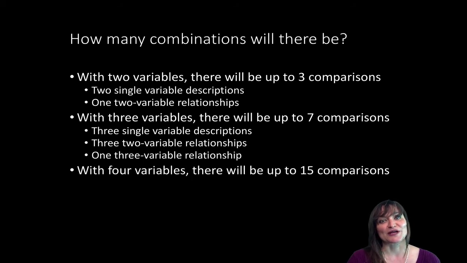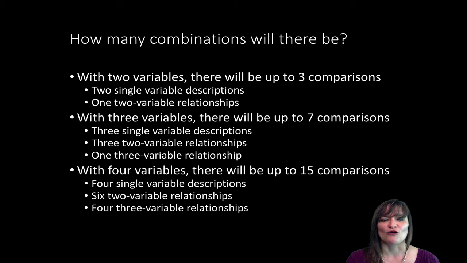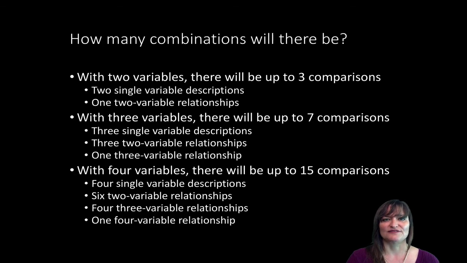With 4 variables, there'll be up to 15 comparisons. The 4 single variable descriptions, and then the 2 variables A, B, A, C, A, D, 6 of those, 4 of the 3 variable comparisons. And then that final 1 4 variable relationship. So is there a pattern to those numbers? Is there a pattern to the 3, 7, 15?